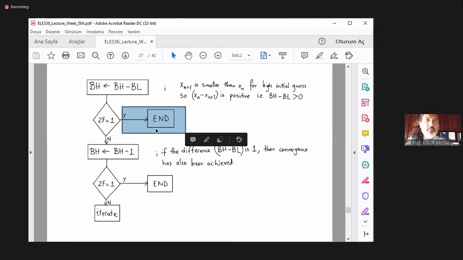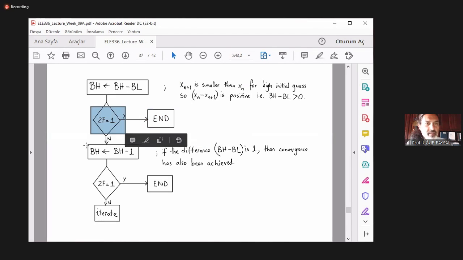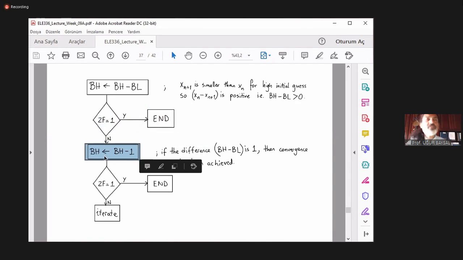Of course, you can put some messages, some screens saying that the square root of the number is this, by using the value in BL, etc. They are omitted here, and it means all the sub procedures for output messages, etc., and termination of the program are included. And if they are not equal, then BH should be revised for the next iteration.